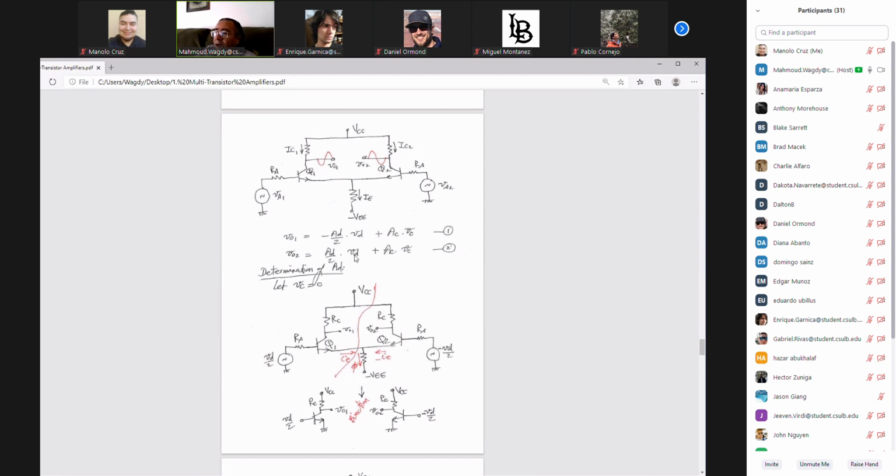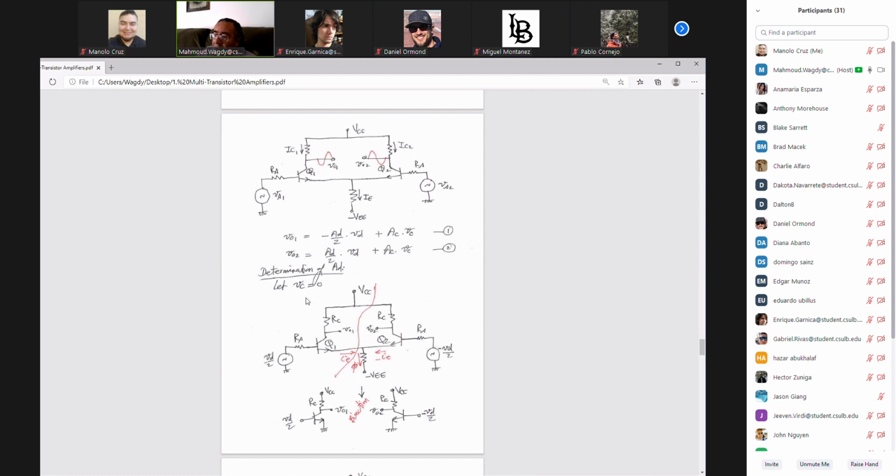So we have two equations and two unknowns. We are going to solve them by creating two circuits to simplify the situation. Our goal here is to determine AD, the differential gain.